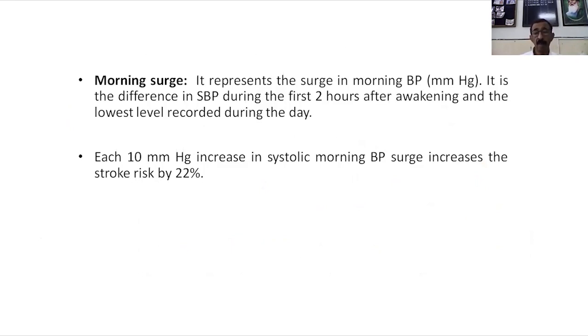How is this surge measured? It is the difference between the systolic blood pressure in the first 2 hours after awakening and the lowest level during the day. So the difference between the first 2 hours after awakening and the lowest level is the morning surge. We all know that in the morning there is a surge. But now another important point is, why do we measure this surge?